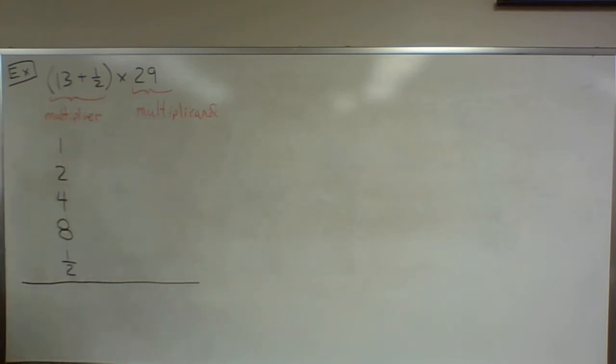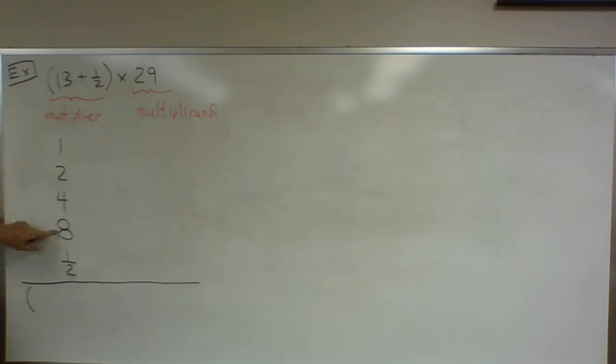Now, let's add the right powers of 2 together to get 13. 8 plus, and we'll start with the largest power of 2. 8 plus 4 is 12, no problem. Now, if we add 2, we get 14. Whoops. This is not one of the powers of 2 that adds up to 13.